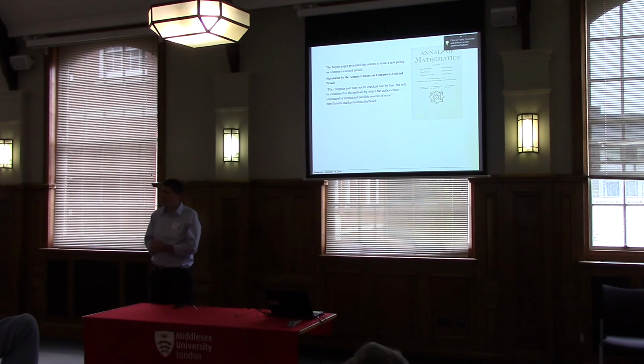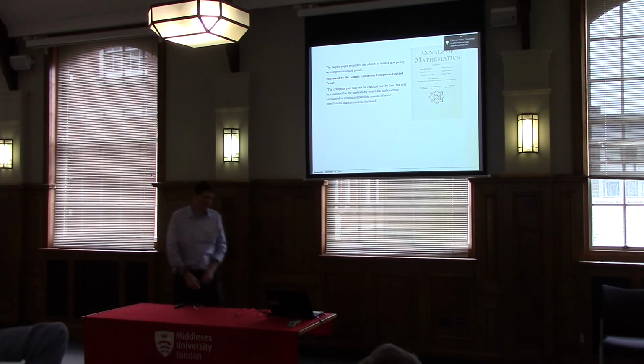Now, anybody who's been involved in computer proofs knows this is very dangerous because you can put whatever you want in computer code and say whatever you want about the methods. And if the referees are not reading the code and checking the details, then all sorts of things can slip through.